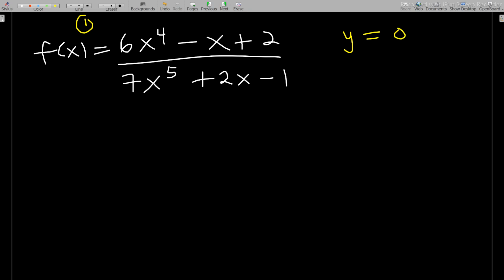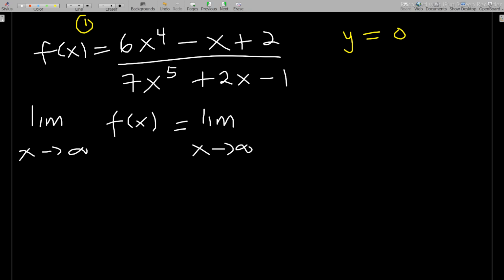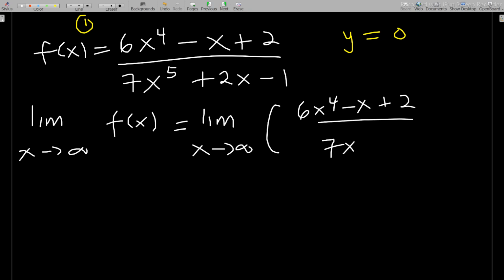What you have to do first is, like I said, define the limit as x approaches infinity of your f of x, which in this case will be the limit as x approaches infinity of the whole fraction (6x to the power 4 minus x plus 2) over (7x to the power 5 plus 2x minus 1).